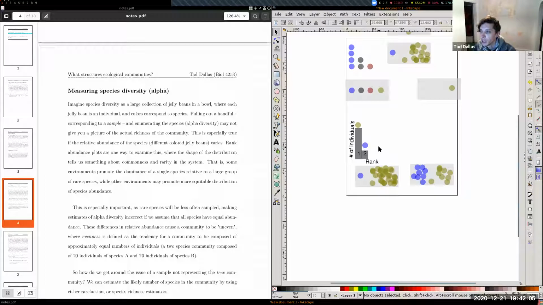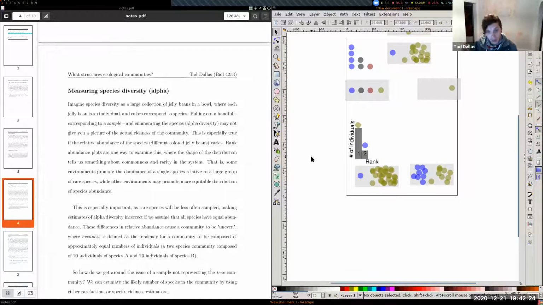All right, and so if we extend this into a multi-species community, more than two, we can start to see that the peakiness and the steepness of the subsequent drop-off can tell us something about how even the community is.